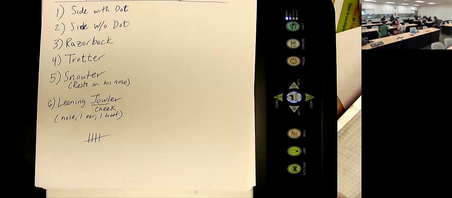Dot seems to be the most popular. You mean trotter? That's the leading. Trotter, dot. Razorback, we can go.